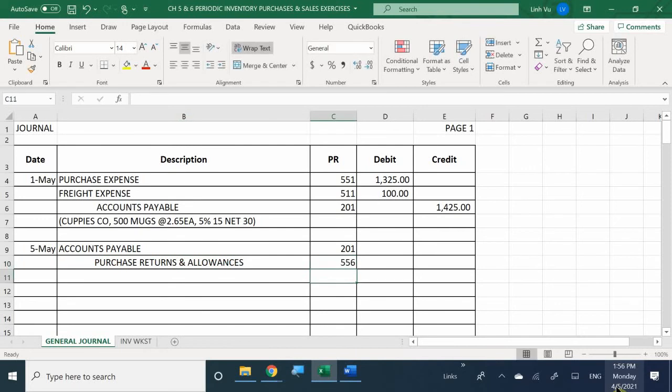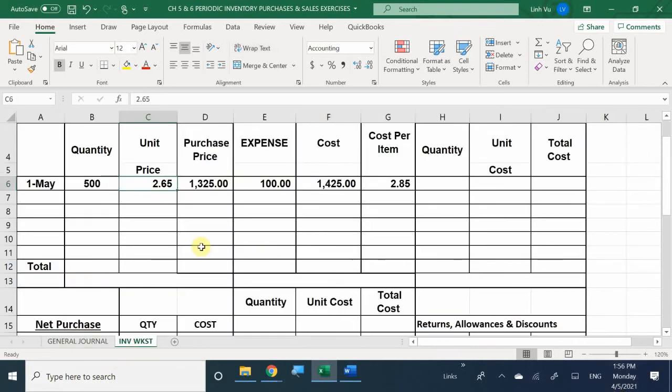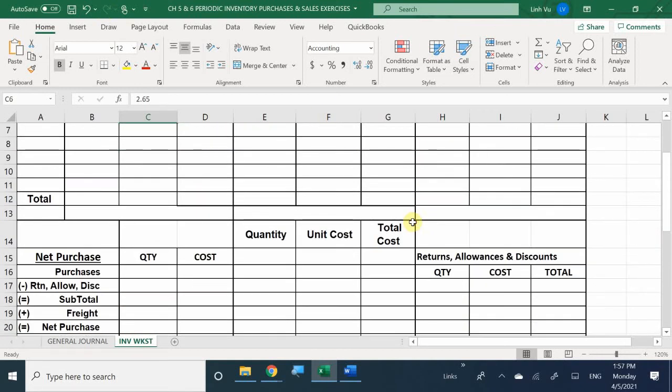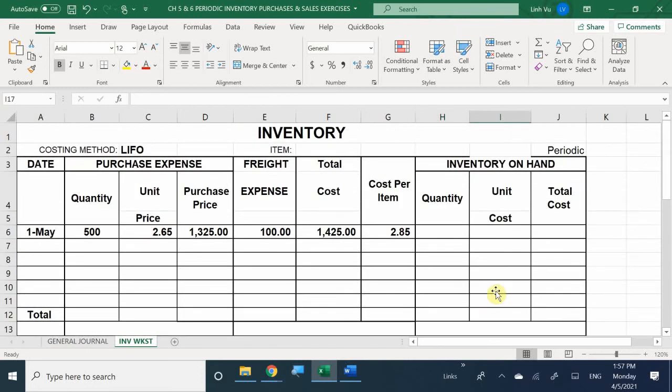So here, I'm going to stop and go into the inventory worksheet real quick because now I need to solve for how much those 15 items are. They're broken, therefore we have to ship them back. It's not good to us, so we're getting a full refund for the 15 items. Now, how much did each cup cost me? $2.85, that's with the freight. No, $2.65.